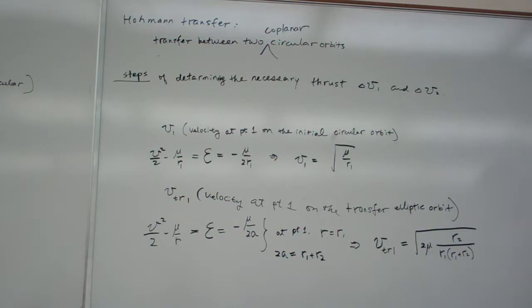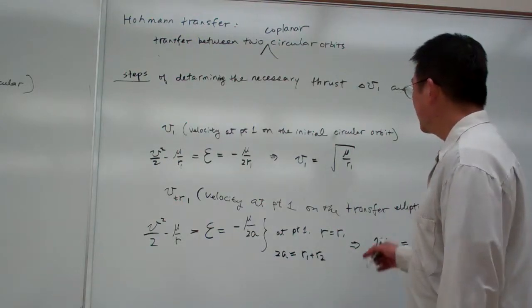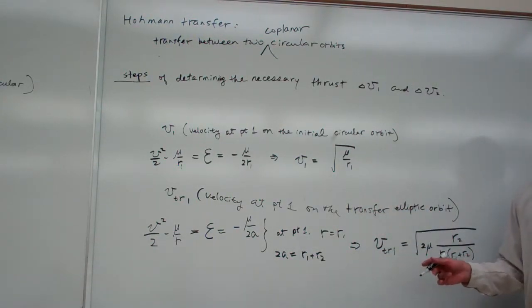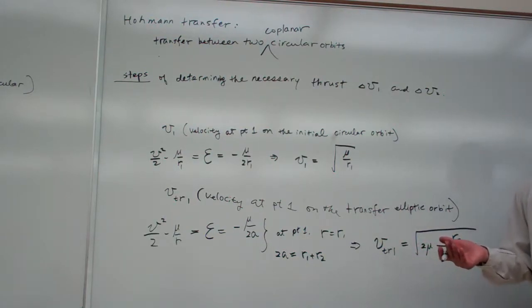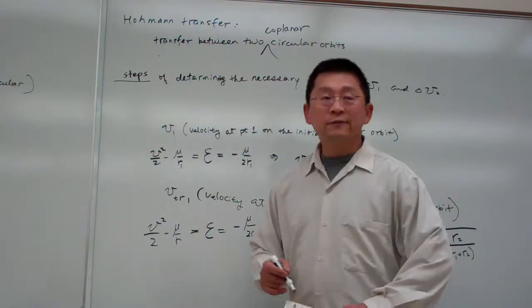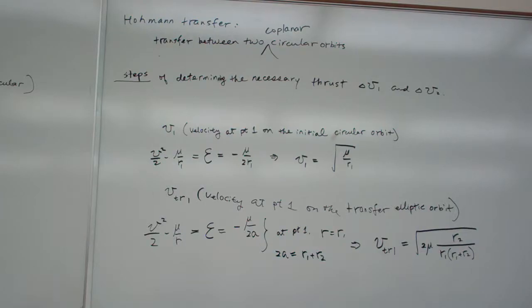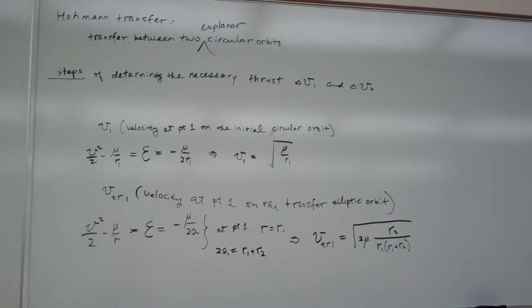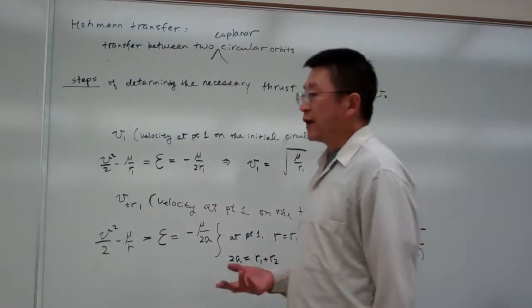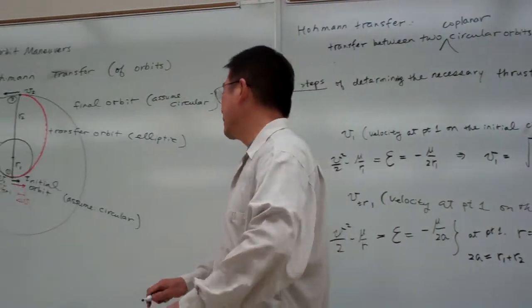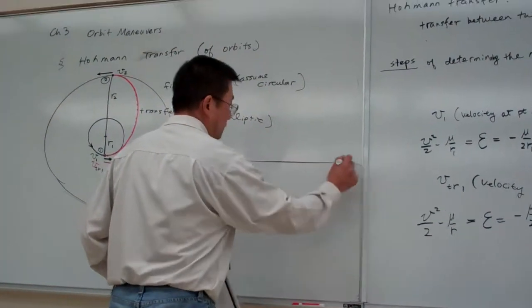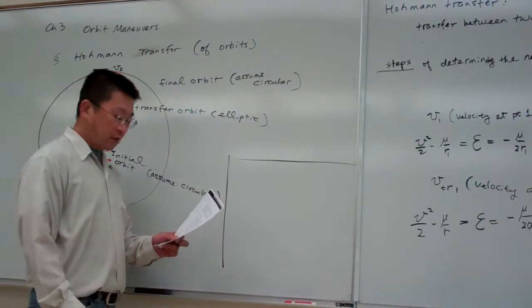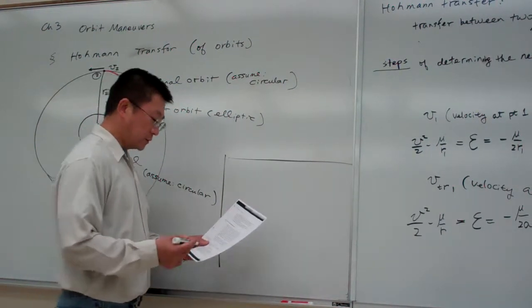So in this way, you can determine the thrust. And the thrust basically is the difference of the two quantities. And right now, with those symbols, we don't know which one is larger and which one is smaller. And most of the time, I can tell you, the larger the velocity change, the more fuel you're going to expend. Here is some side information. This information is not provided by our textbook, but I found it somewhere.